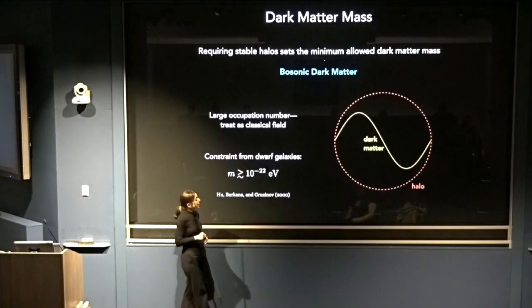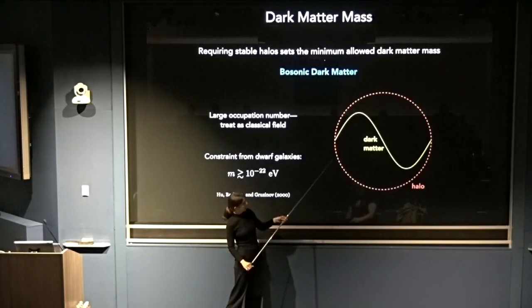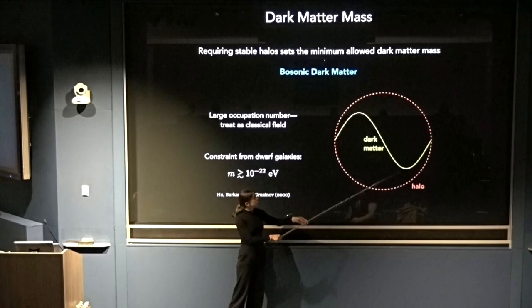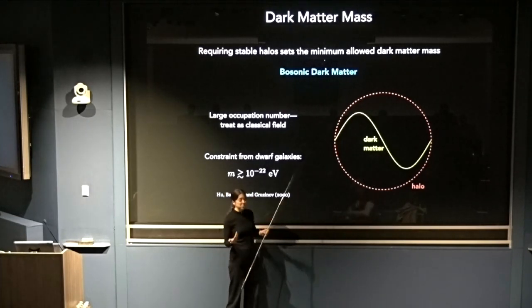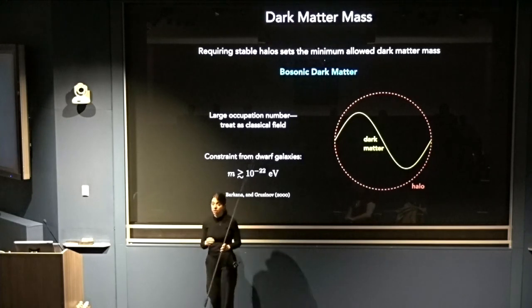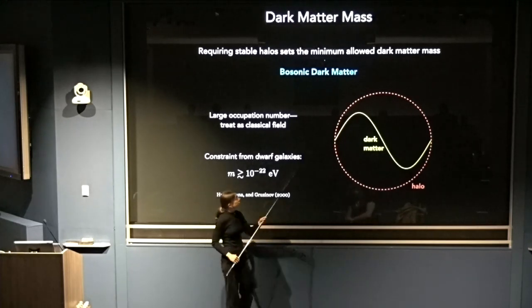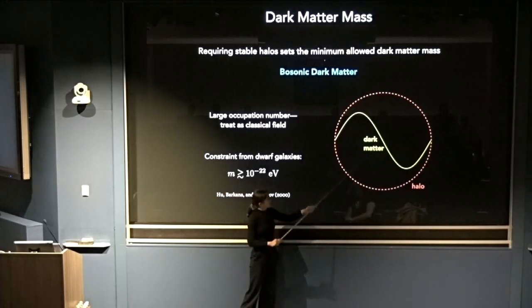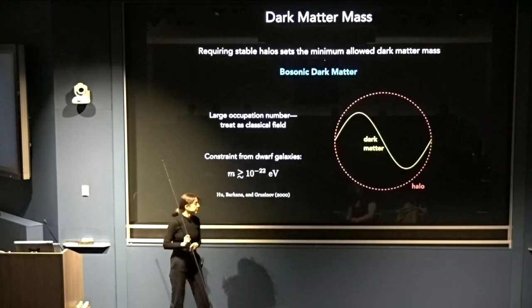And so that means that the smallest possible halos set a limit on the allowed wavelengths for dark matter. And the smallest possible halos are going to be those dwarf galaxies. So the size of the smallest dwarf galaxy essentially sets the maximum wavelength allowed for the dark matter.